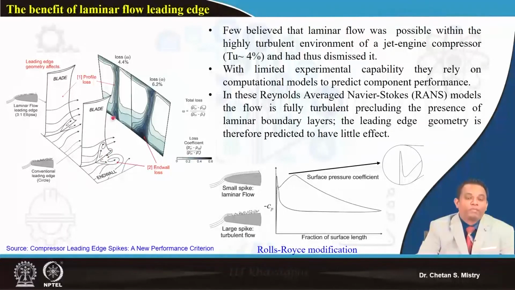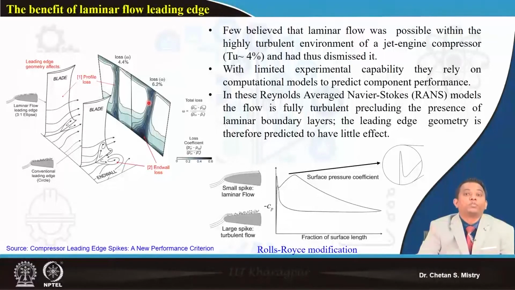Downstream, in the downstream plane, this represents the loss. We define that loss in terms of total pressure loss: P01 minus P02 divided by half rho v square. Near the hub region, the losses are very high. It says this loss is almost 6.2%.